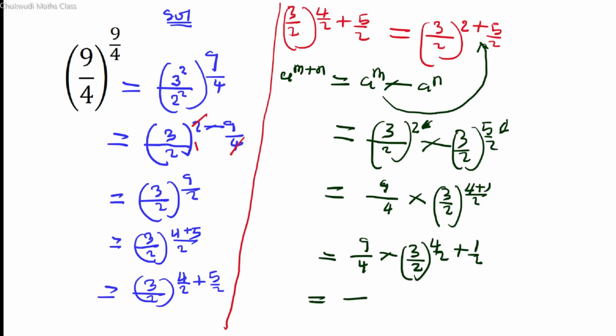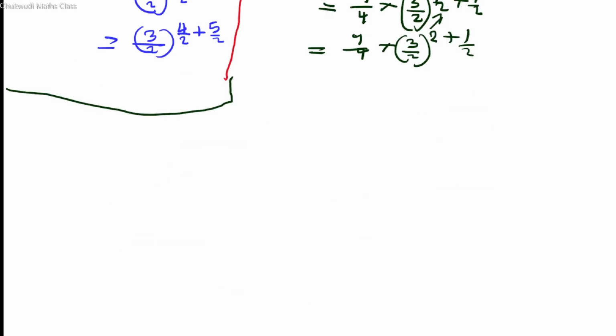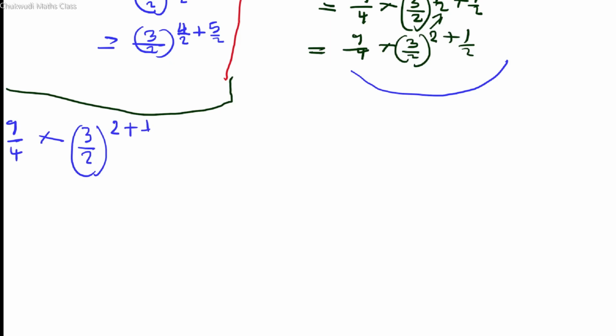This is equal to 9/4 multiplied by (3/2) raised to the power 2, dividing 4 by 2 is 2, plus 1/2. So from this place, let's continue. What we have here is 9/4. So we write 9/4 multiplied by (3/2) raised to the power 2 plus 1/2.